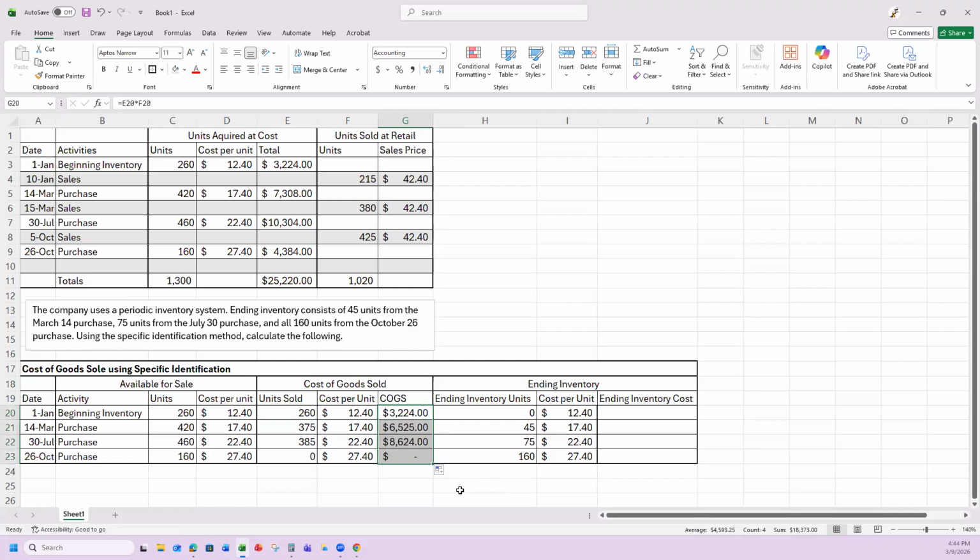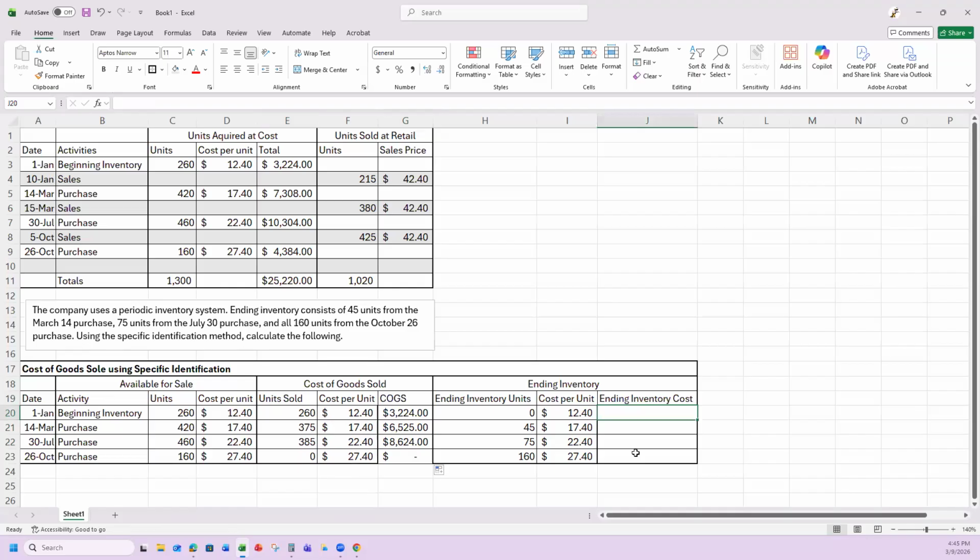We can fill that down. It's going to screw up our formatting a little bit, but we could fix that if we want to. So all we did is multiply 260 units sold times 12.40 to get the cost of goods sold for the beginning inventory, 375 units times 17.40 to get the cost of goods sold for the units purchased on March 14th, 385 times 22.40 to get the cost of goods sold for the units purchased on July 30th, and the same here, but here we had zero sold.